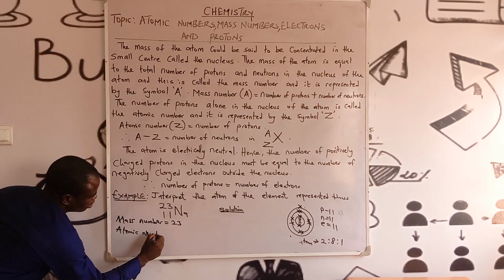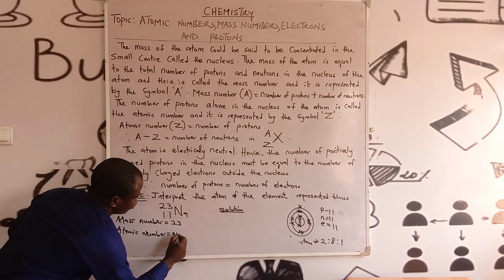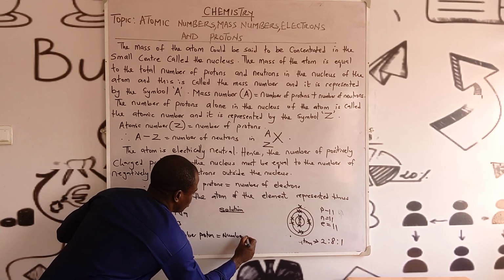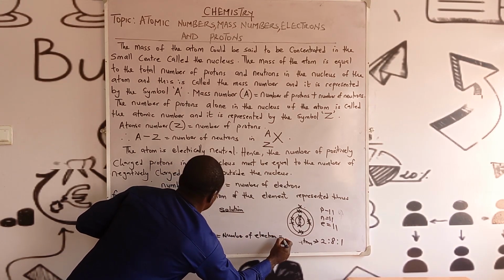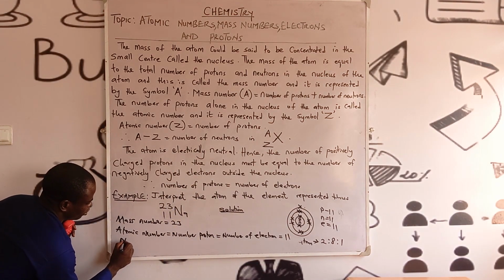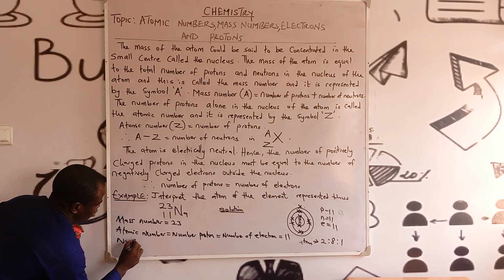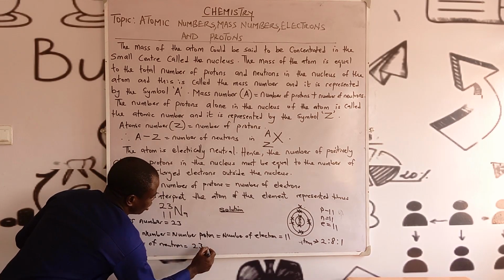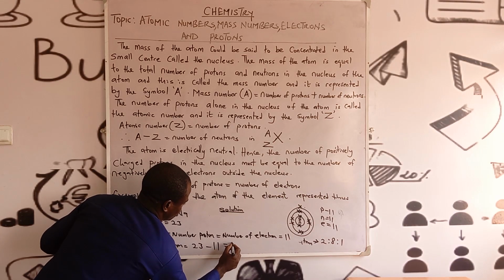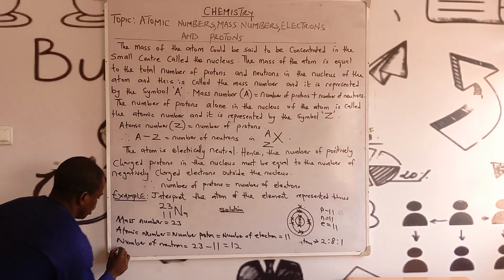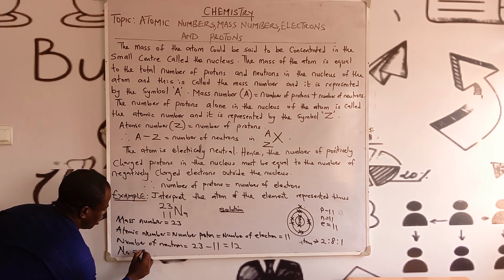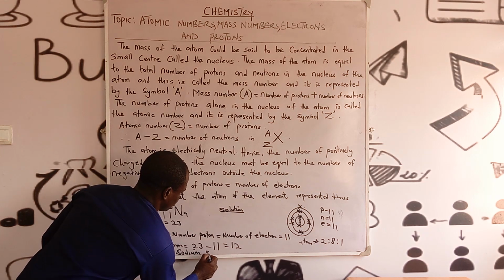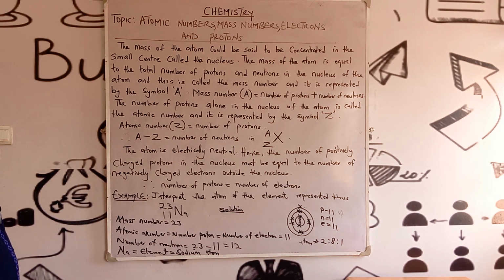Atomic number equals number of protons, because it's electrically neutral, equals number of electrons, which equals 11. The number of neutrons equals mass number minus atomic number, 23 minus 11, which is 12. Na is the element, sodium atom, which is electrically neutral.